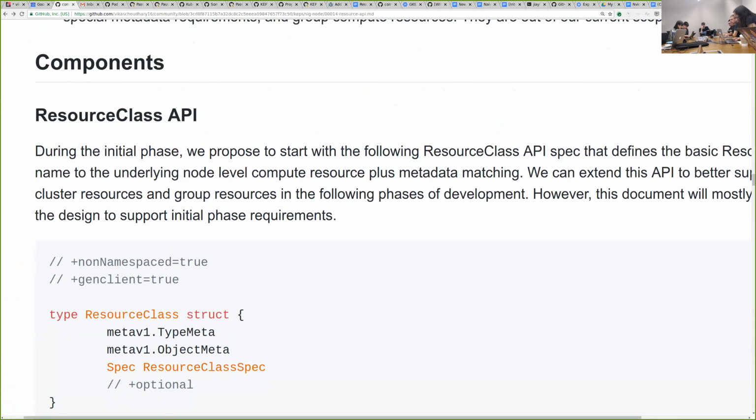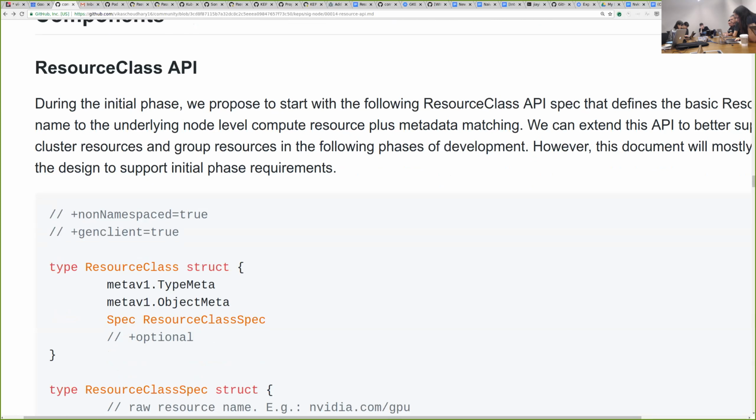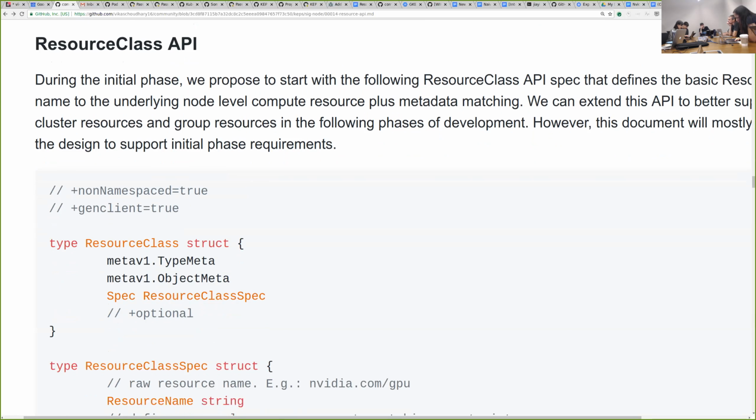I think we have mentioned the major components in the last meeting, and from the last meeting we also updated the design doc to make sure it's up to date and reflects our current design.